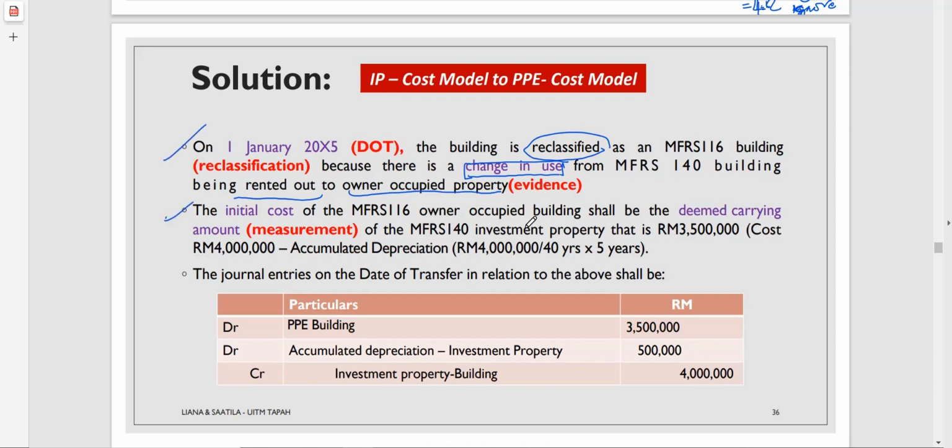So you need to take note that the cost of the owner-occupied property, as laid down by the standard, shall be the deemed carrying amount based on the investment property carrying amount. So the carrying amount under MFRS 140, under investment property. So you need to find out what is the carrying amount, that is cost minus accumulated depreciation.